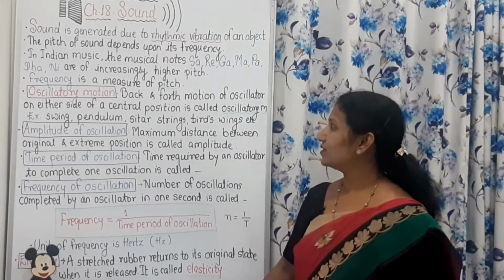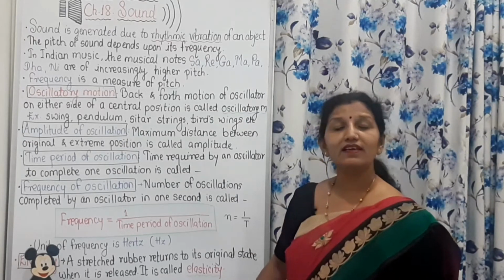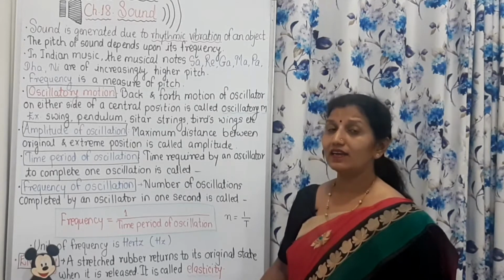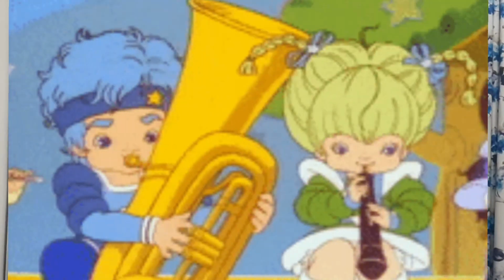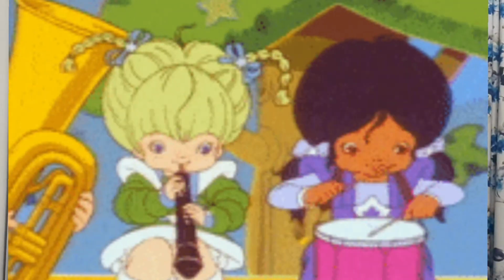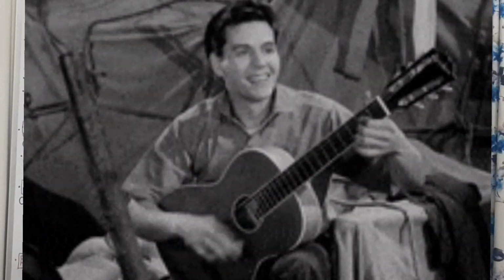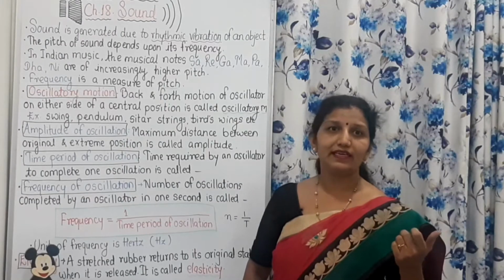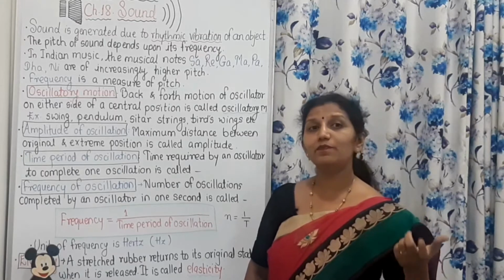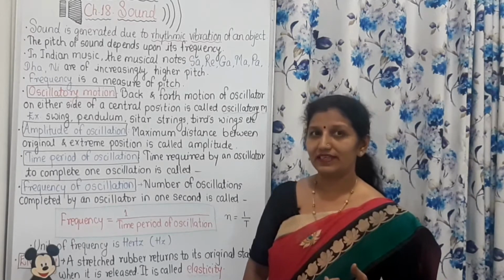The pitch of sound depends upon its frequency, and in the Indian musical instruments, what happens? If there is tanpura, guitar, sitar or any drum, tabla, at that time, what do we do? We try to set it so that the required pitch can be obtained.